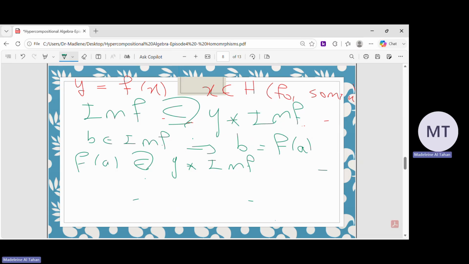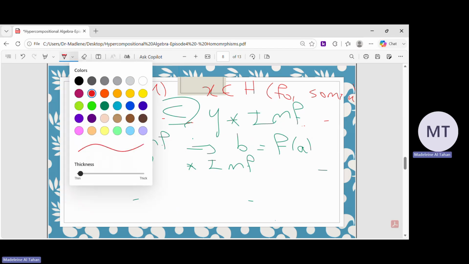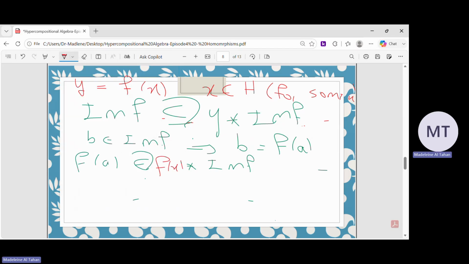This y is equal to f of x. Instead of this, we write f of x.